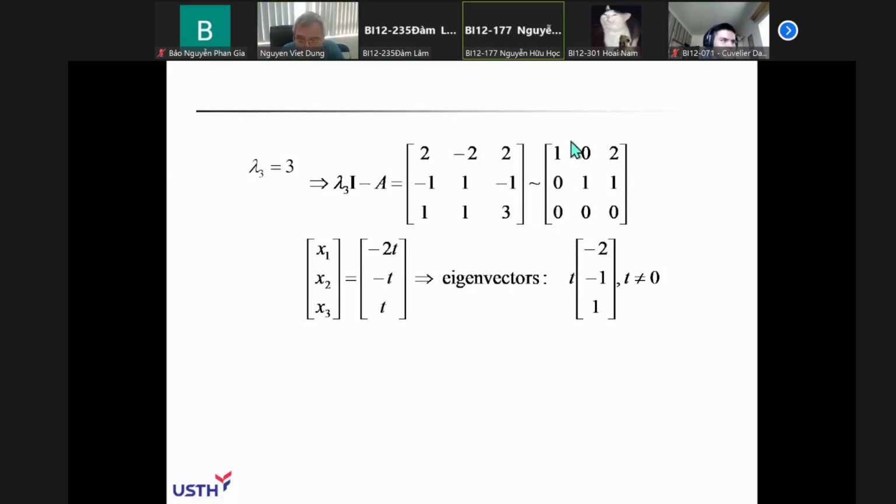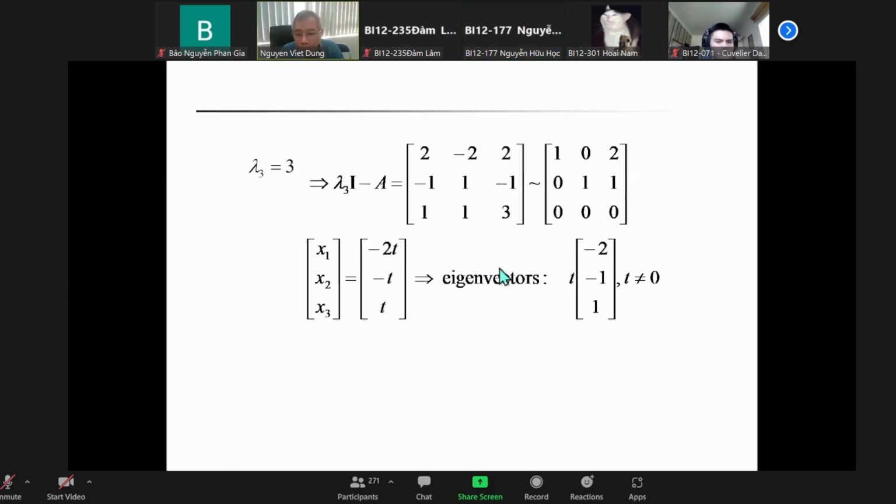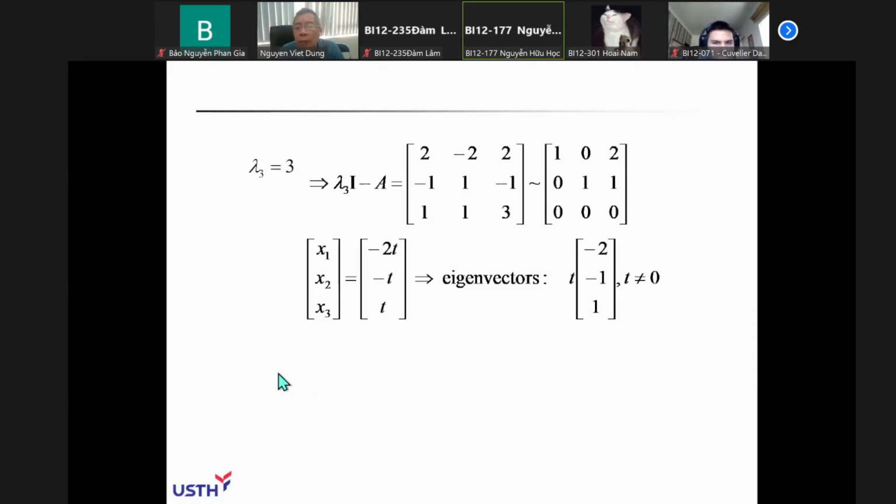Teacher, can I ask you a question? Please. In this case, is it T the eigenvector, or all of the T and the matrix -2, -1, 1 the eigenvectors? I said it already.